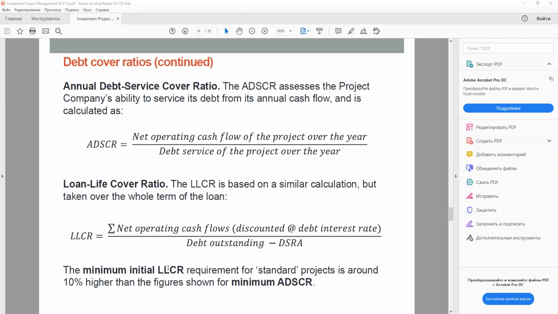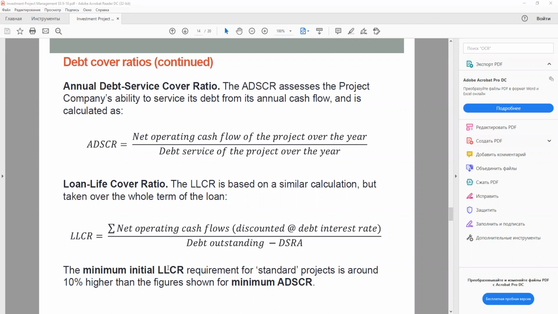And we have averages of these ratios. If the projected ADSCR from year to year is at the same level, the average ADSCR will be the same as LLCR. However, if the ADSCR is higher in earlier years, the average ADSCR will be higher than the LLCR and vice versa.